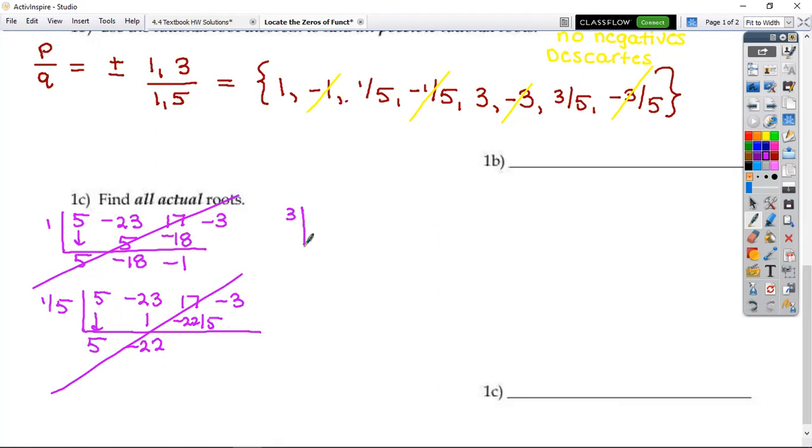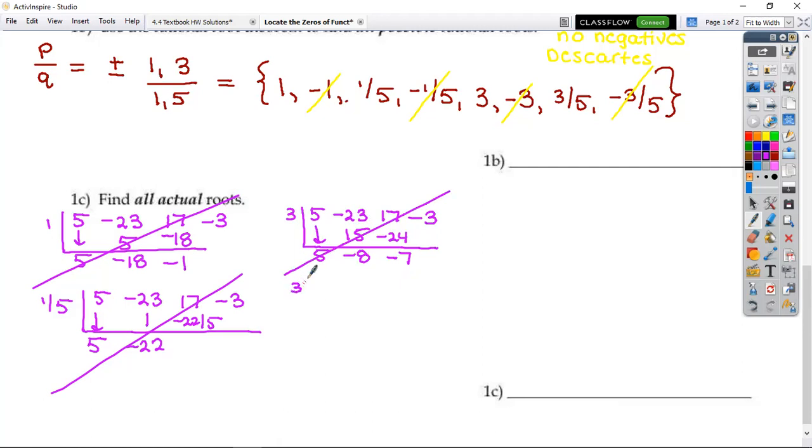So I check 3. So 5, negative 23, 17, negative 3. So 5, 15, negative 8, negative 24, negative 7. Does that work? No.